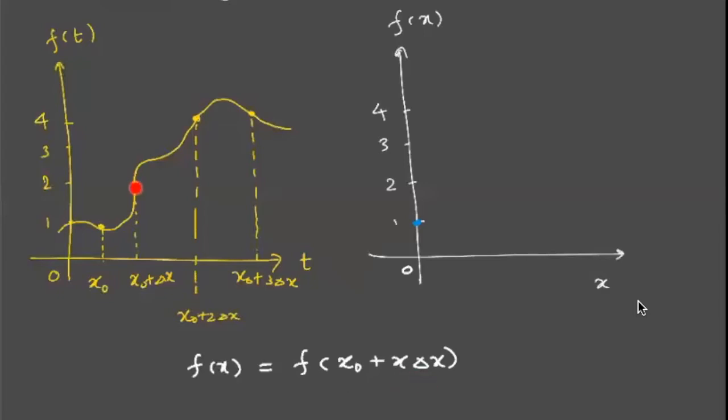So it will be 2. Next is 2. This is 1, and 2 more points will be 2 and 3. Let me write one sample for 2. f of 2 would be f of x naught plus 2 times delta x. So f of 2 times delta x is coming here, and this is 4. And next is also 4.